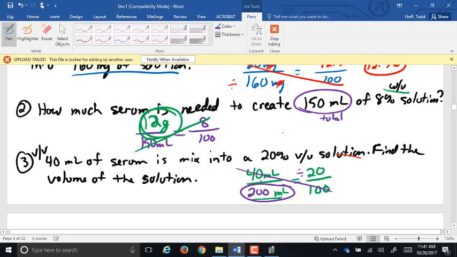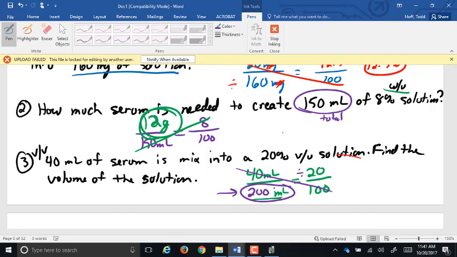There are some subtleties here that you have to pick up on. Because we're just finding the total volume, we're not adding anything. If it asked you to find how much saline, you couldn't figure that out.